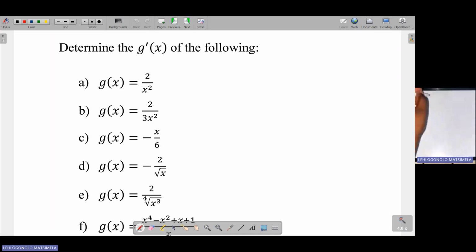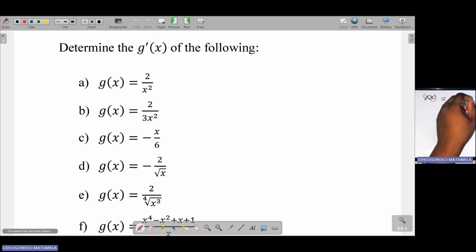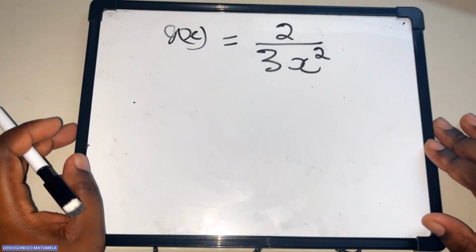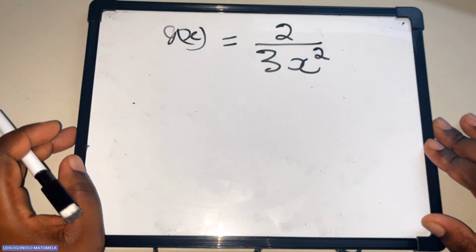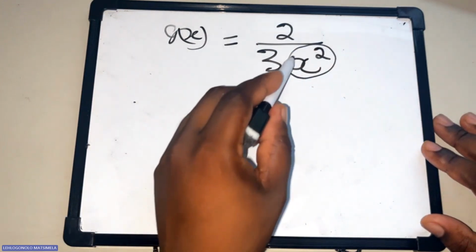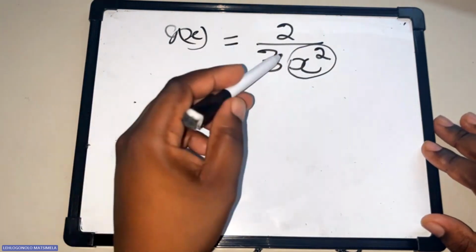So we will have g(x) still again equals 2 divided by 3 multiplied by x to the power of 2. Okay, let's see how we can break it down. They say derive. When we derive, we make sure that this is what we want to be multiplying everything.